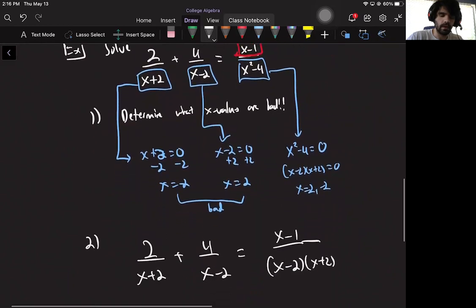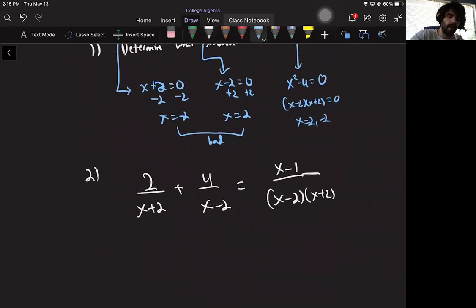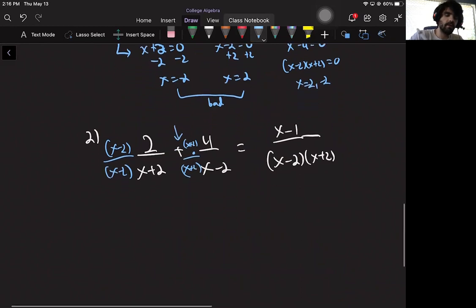And so what do we need to do? Well, if I want to add these two fractions together, they need to have the same denominator. So I'm going to need this guy to have an x minus 2 over x minus 2 so that they have the same denominator. And this one's going to need an x plus 2 over an x plus 2 so that they have the same denominator.